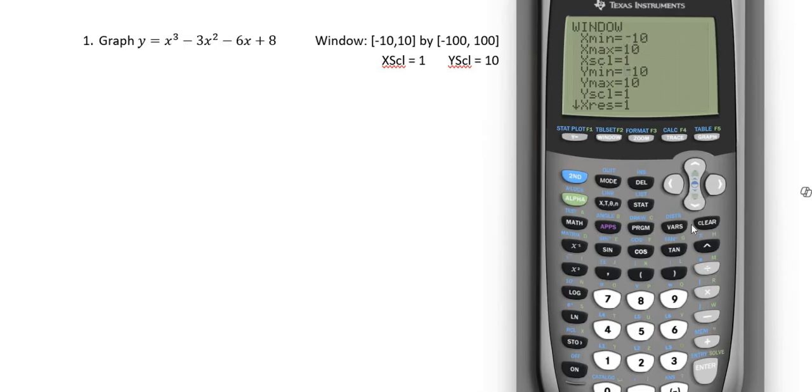I want my y's to go from -100 to +100 with a scale of 10. So press enter, and then we can graph it. And I can see all of my x-intercepts and my turning points on this graph.